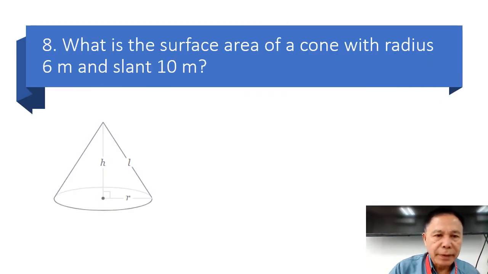So this one: what is the surface area of a cone with radius 6 meters, and slant height given to be 10?